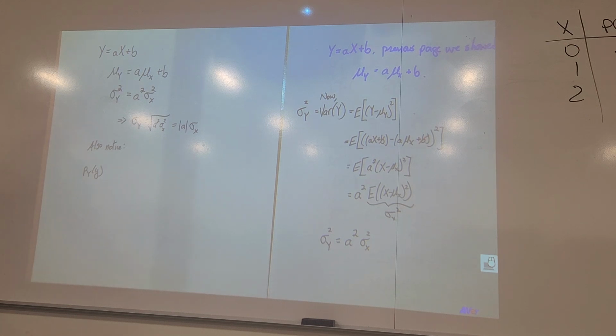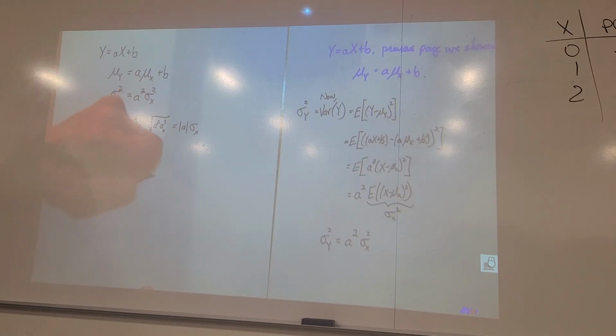Well, that is the probability that y is equal to little y. We in agreement with that statement? The probability mass function is the probability at that point for a discrete random variable. And y is ax plus b.